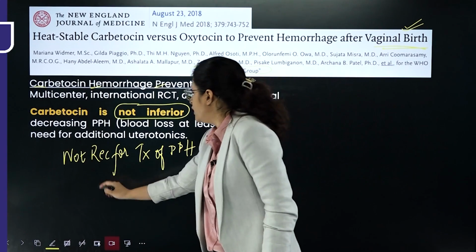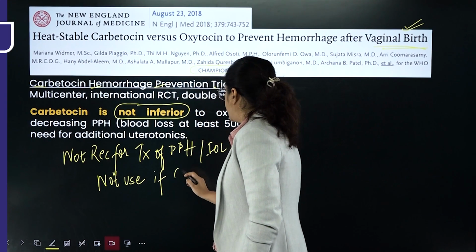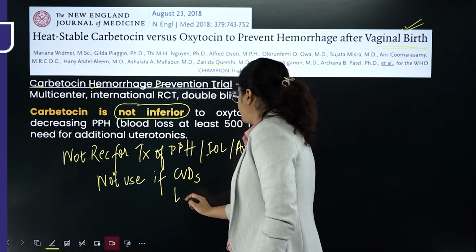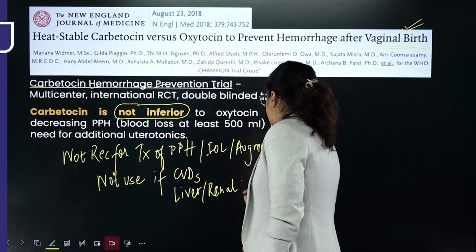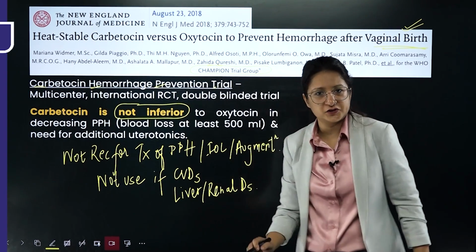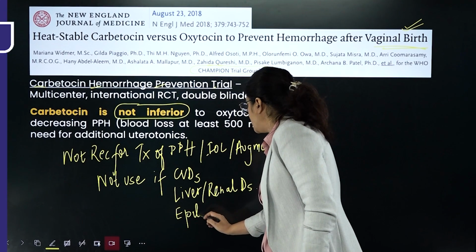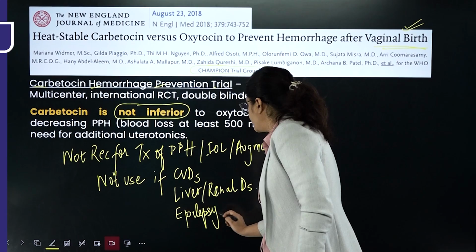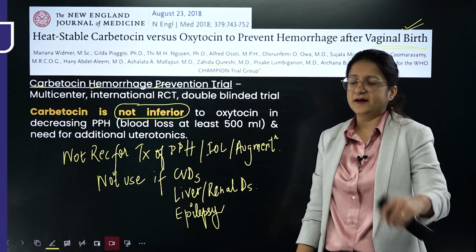So as of now, do not use it if there is cardiovascular disease, if there is liver or renal disease. Don't use it in complicated patients. Or let's say in patients with epilepsy also, it was not used. These were exclusion criteria of this particular study. So keep that in mind as well.